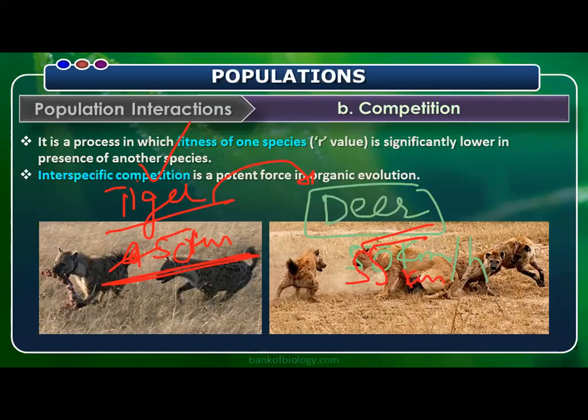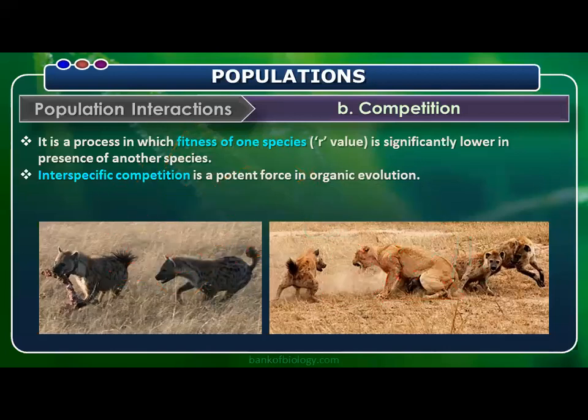That we call natural selection. The deer running at 55 kilometers per hour is naturally selected in nature. Okay, what should the tiger do? The tiger should go at 55 kilometers per hour to get the deer. So the predator improves, followed by the prey improving, and to get the prey, the predator also needs to improve.